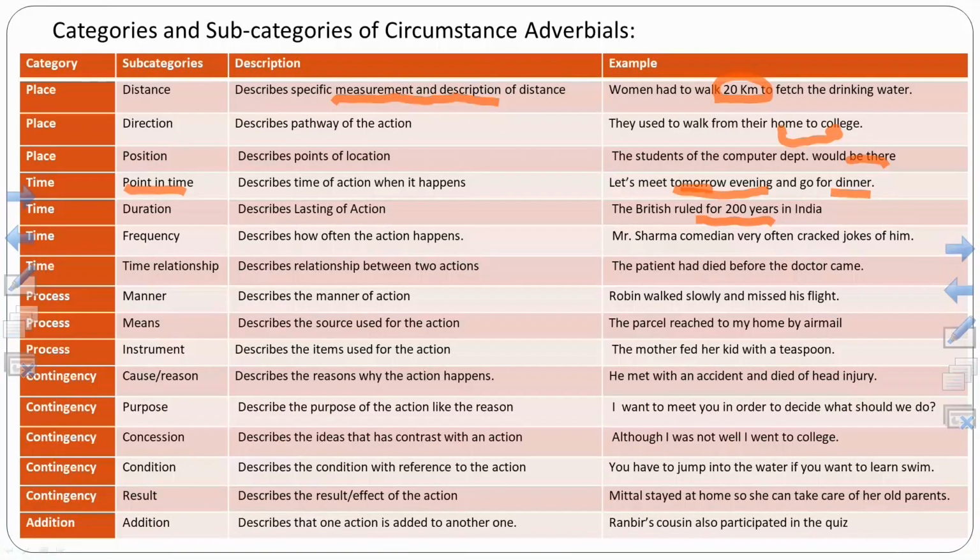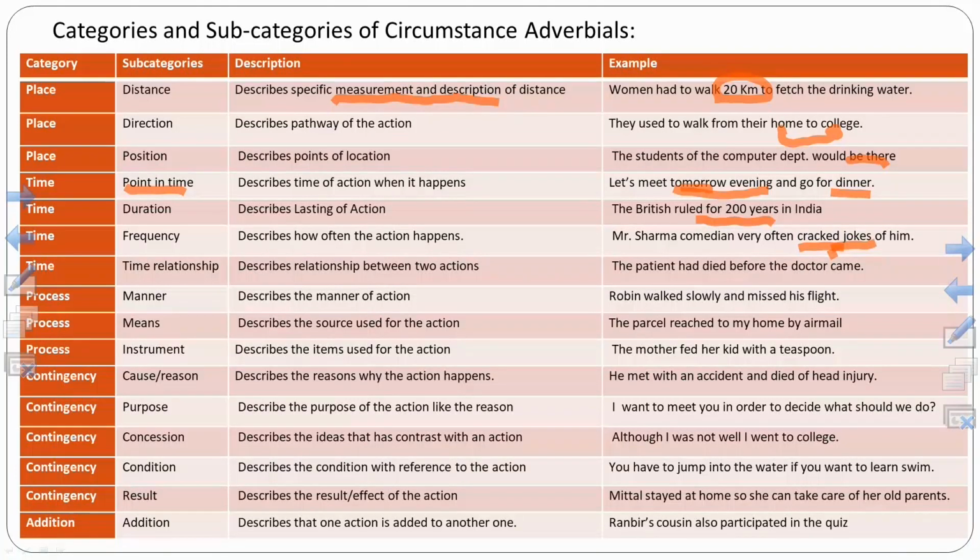Now, let's look at the frequency. It describes how often the action happens, which means how many times the action happens. For example, Mr. Sharma, a comedian, very often cracked jokes about him. So Mr. Sharma is a comedian, so he cracked jokes.